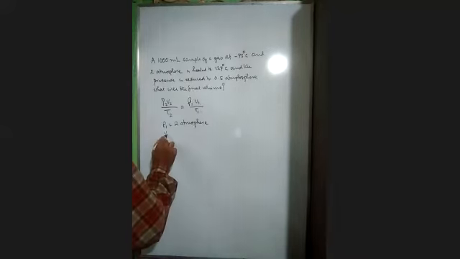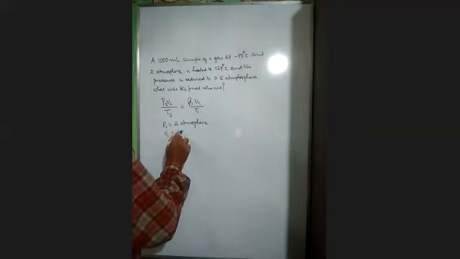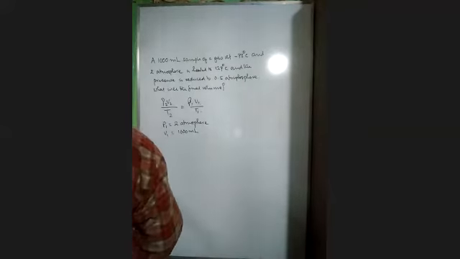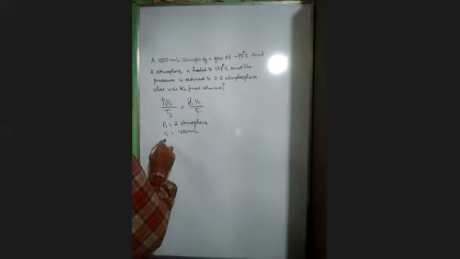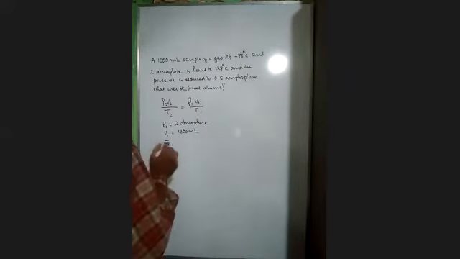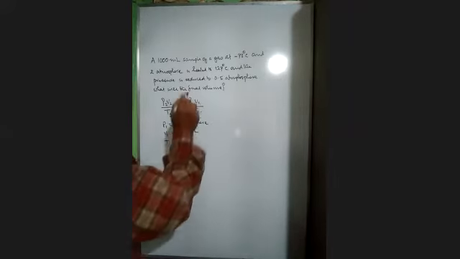What is V1? V1 is 1000 ml. What is T1? Temperature you always have to take in Kelvin. So minus 273 means what? 0 degrees Celsius is 273.